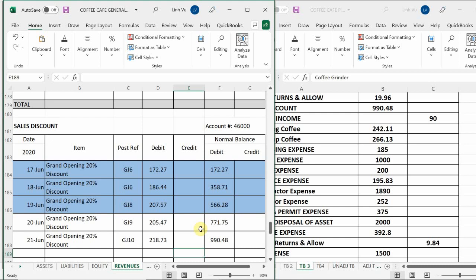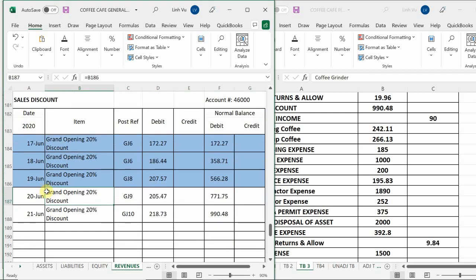The sales discount. We missed the sales discount by looking at our journal entry. I mean, our ledger entry, right? We have the 20th, and we were missing the 21st. So in this case, boom. Even going through it like this, you'd be able to find it that way too. It's just very difficult once again because you have to go through every single account.